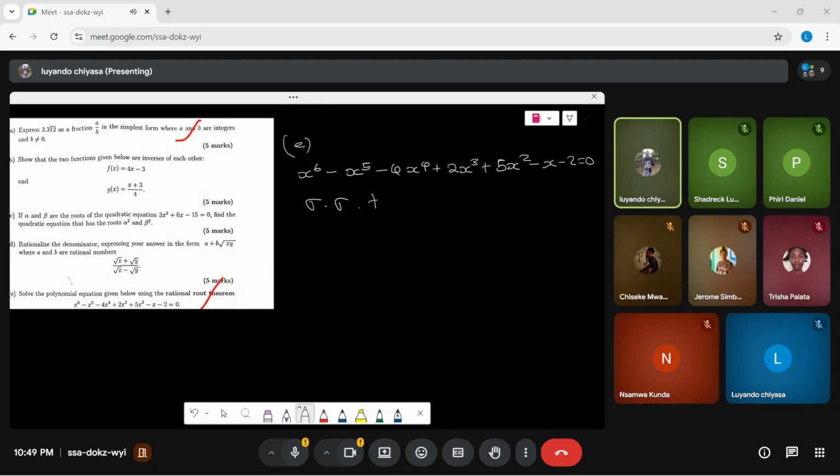According to rational root theorem, the possible roots of a polynomial is equal to the factors of P over the factors of Q. Now you might ask, what is P and what is Q? P is this one.